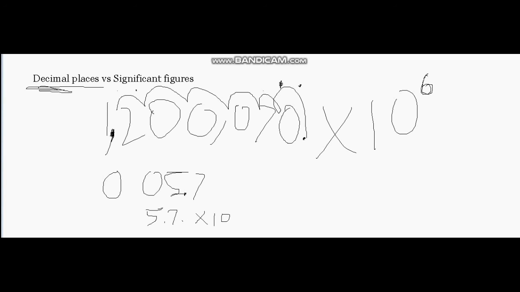Now up here you can clearly see that I moved the decimal point 2 places to the right. So in order to get back to the number that we originally had, we're going to have to times this by 10 to the negative 2 power. And you can test this on a calculator. If you multiply 5.7 times 10 to the negative 2, you'll get back 0.057.